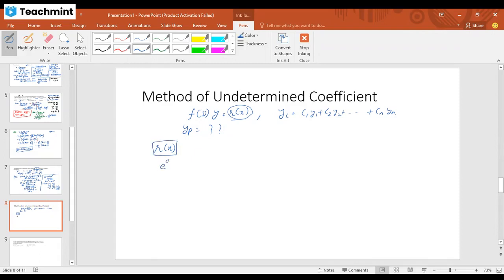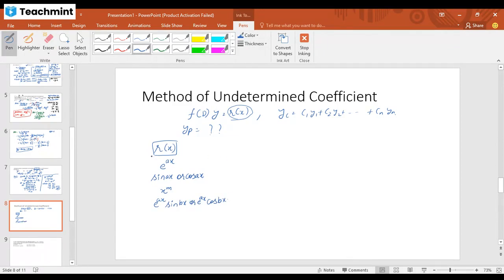If your non-homogeneous function is exponential, or sin ax or cos ax, or of the form x power m, a polynomial function, or of the form e power ax into sin bx, or e power ax into cos bx.